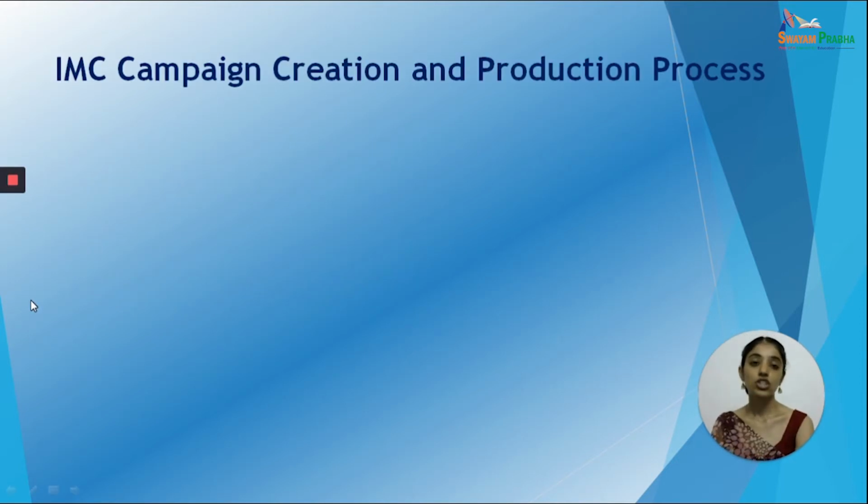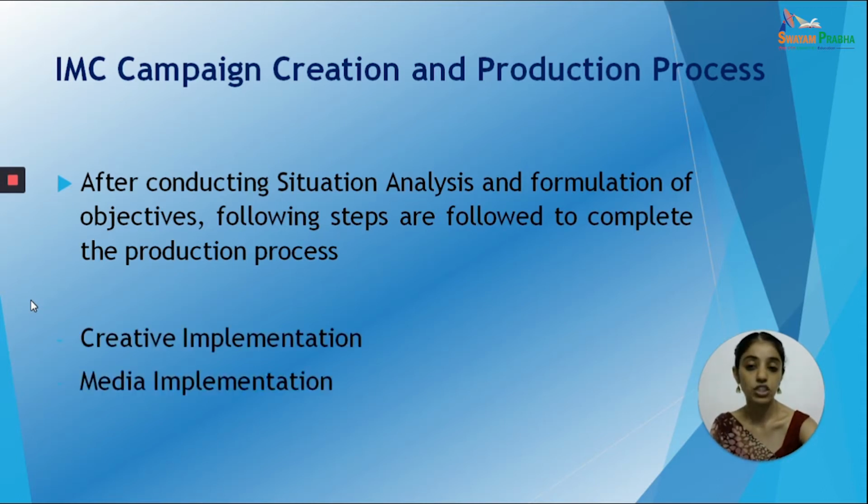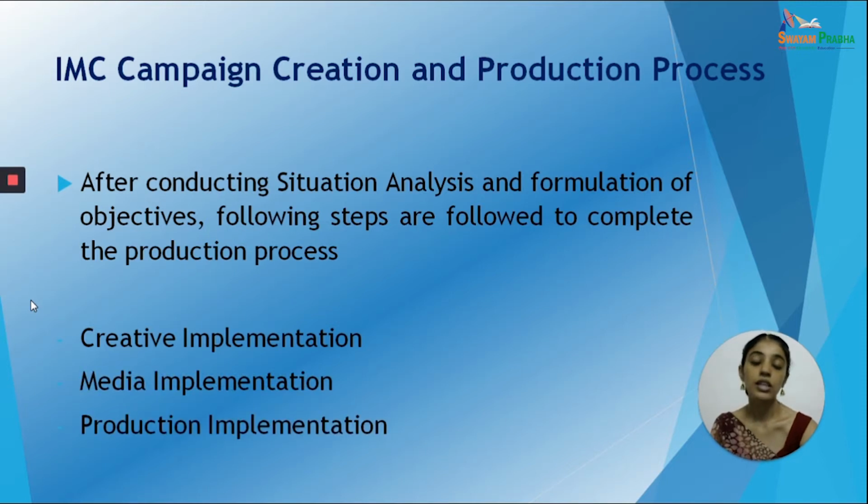The IMC creation and production process deals with the following components. After conducting the situation analysis and formulation of objectives, we need to follow the process of creative implementation, media implementation, and production implementation.